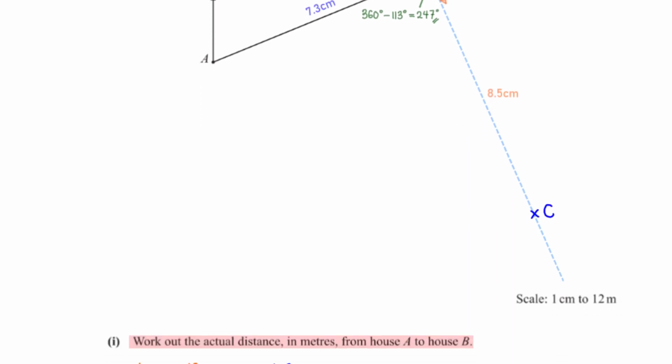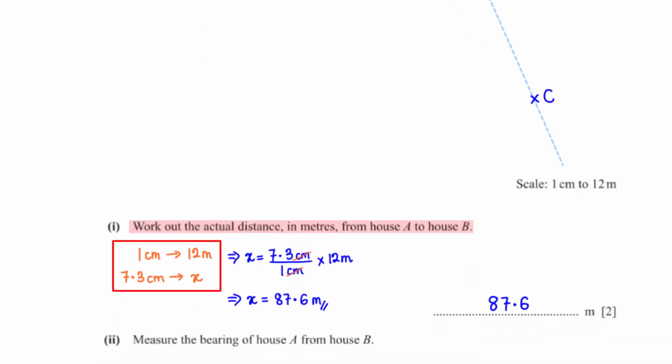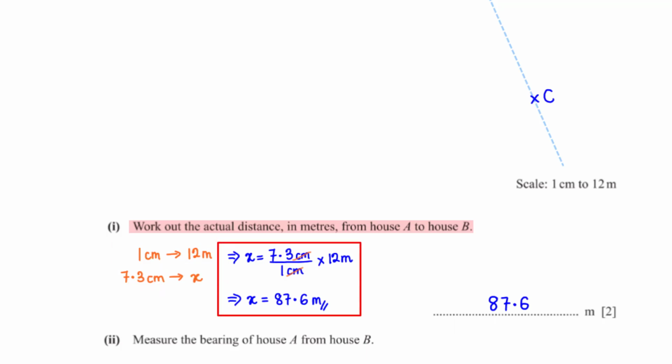Now we can use the scale conversion to get the actual distance between house A and house B. When we cross multiply and make x the subject, this is what we have, which is equal to 87.6 meters.